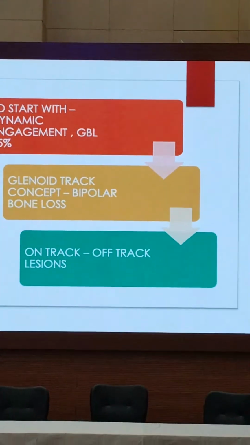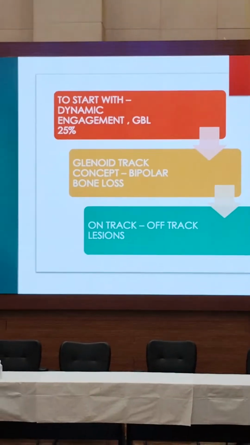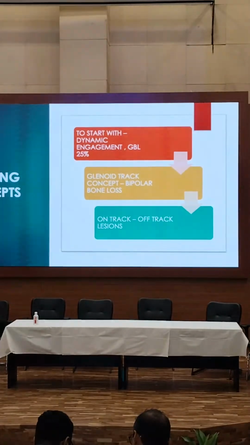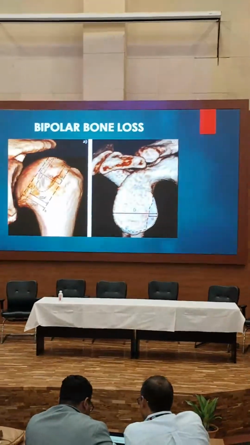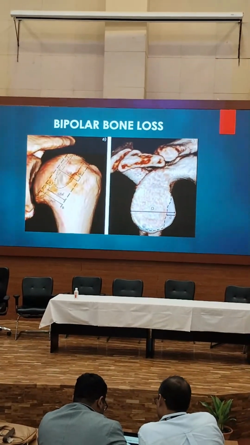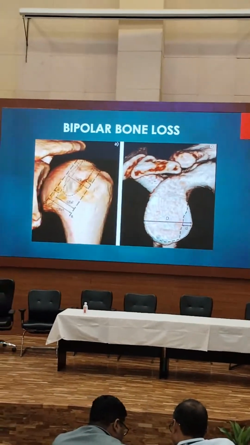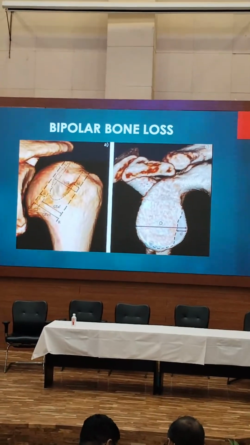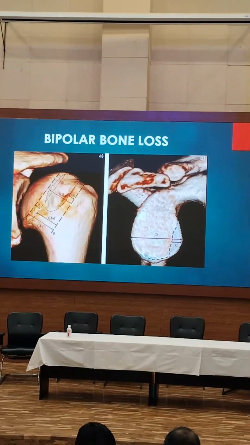And the on-track lesions and off-track lesions were described by Burkhardt. Basically in glenoid bipolar bone loss, there is a humeral head defect and also a glenoid side defect. So the Hill-Sachs interval and the glenoid track are measured.